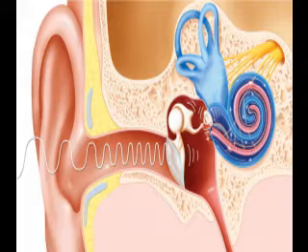If wax is present, it may need to be carefully syringed away before further examination can take place. Always inquire about a history of discharge and perforation before syringing an ear, and the eardrum may then be examined.